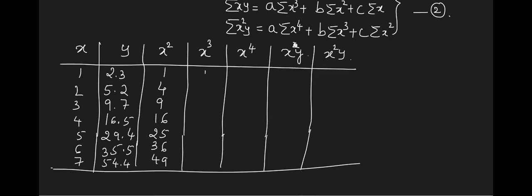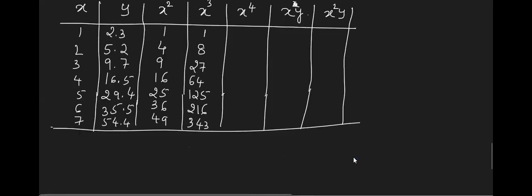X cube, cube them: 1, 8, 27, 64, 125, 216, 343. Likewise, hopefully you can complete all these values using the calculator. I'm interested in the summation. Take 2 minutes and complete the table.